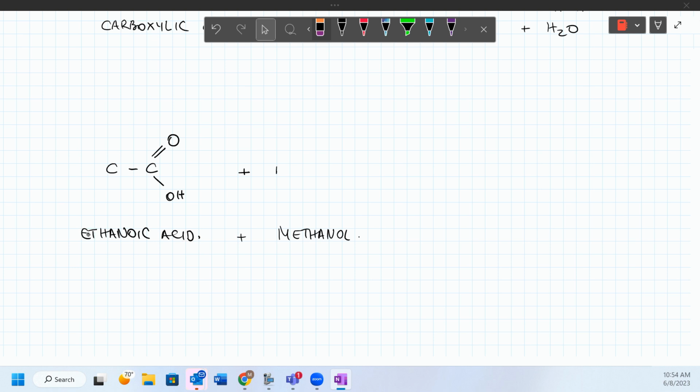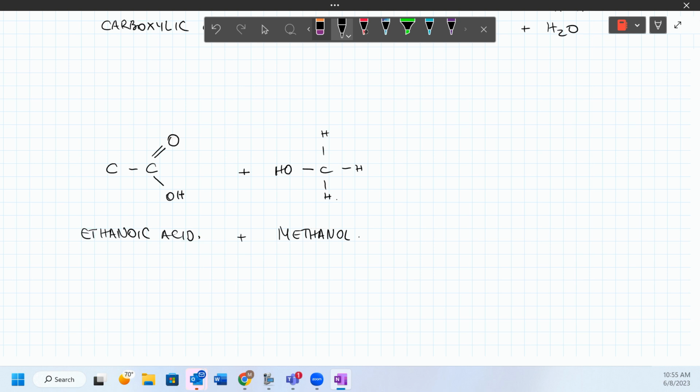Methanol, and then as a structural formula of the methanol, we have HOH here, or OHH, doesn't really matter, 1 carbon, and then we have 3, 1 carbon because it's meth, and then 3. Okay, so now see what is happening here.